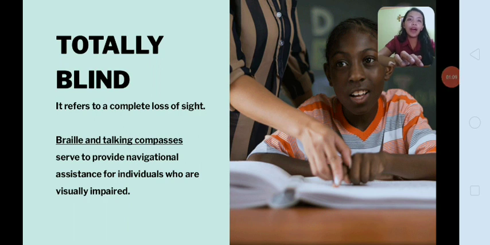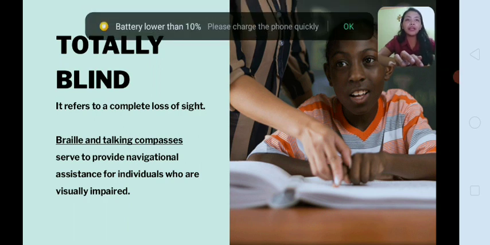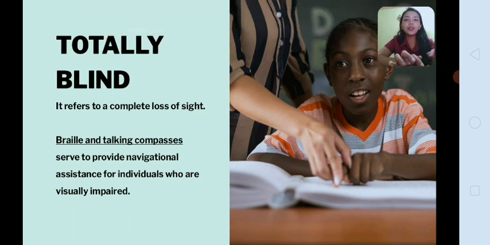Next we have here the totally blind. When we say totally blind, it refers to a complete loss of sight. Total blindness describes people who cannot really see, they don't see any light at all. They need braille and talking compasses to provide navigational assistance whenever they learn or whenever they do things like the common people usually do.